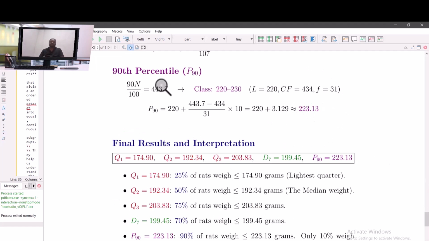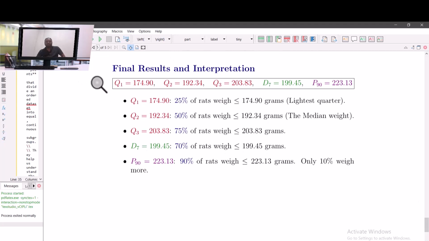The 90th percentile, P90, is approximated by this 443.7 position, which is in the class 220 up to 230, where the elements around are given here. At the end of the day, we come up with this number. So these are the summary results of all the steps that we have done so far.